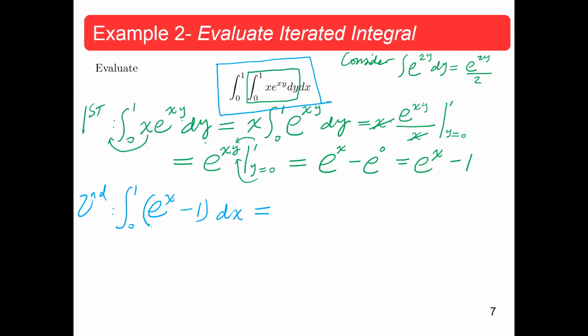Okay, this is a pretty easy case, right? Back in calculus 2. The antiderivative of e to the x will be e to the x. For negative 1, the antiderivative will be minus x. You guys okay? And our x goes from 0 to 1 again.